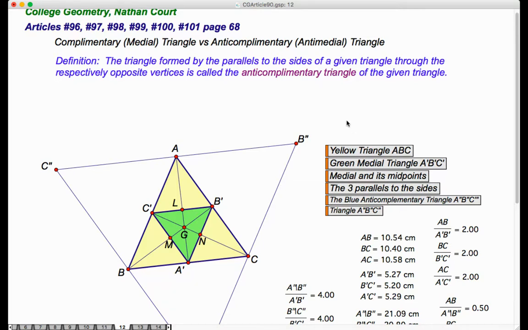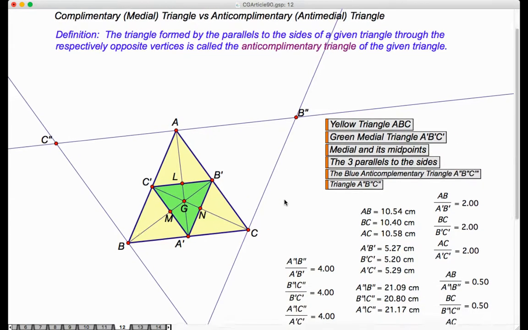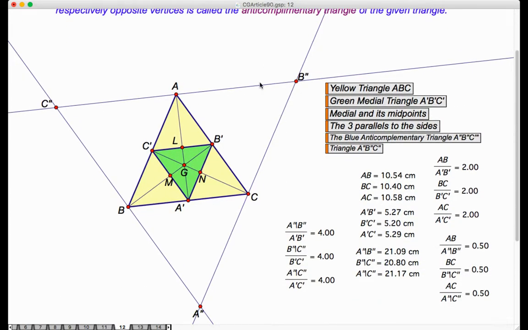But at the same time, starting from the yellow triangle again, if I construct the parallels to the sides of the yellow triangle, then the resulting ones, okay, so these are the three parallels to the given sides. So B double prime, C double prime is parallel to BC, AB is parallel to A double prime, B double prime, and AC is parallel to C double prime, A double prime.